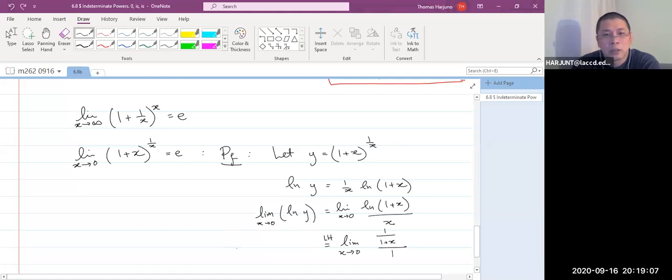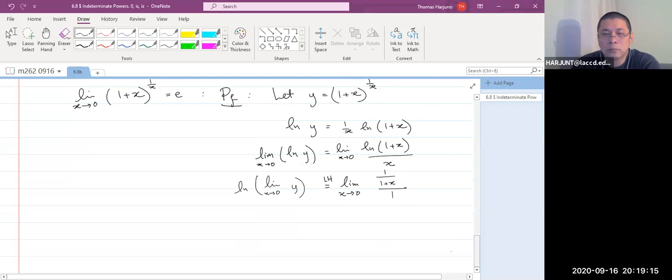That's limit, natural log of limit. And this equals 1. Right? Therefore, limit x going to 0 of 1 plus x to the power of 1 over x equals e to the 1, or simply e.